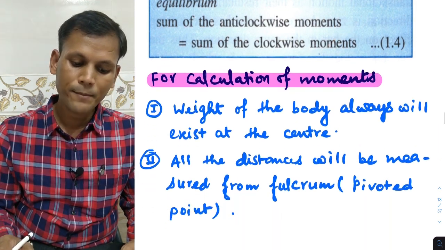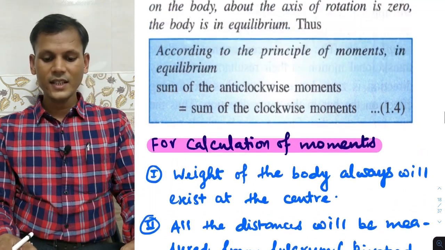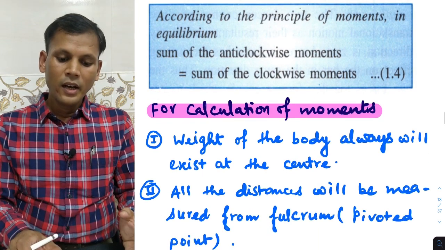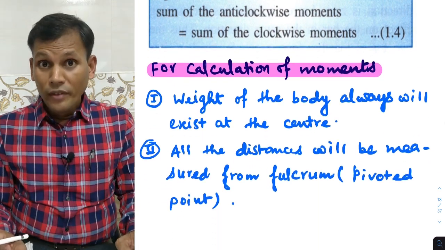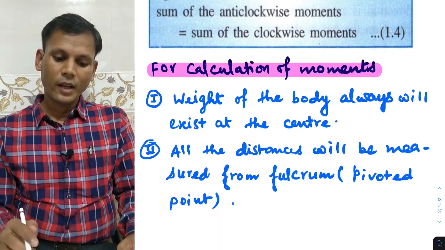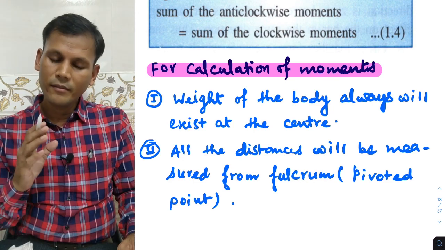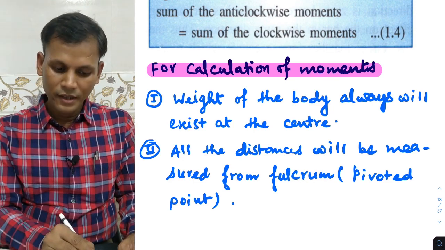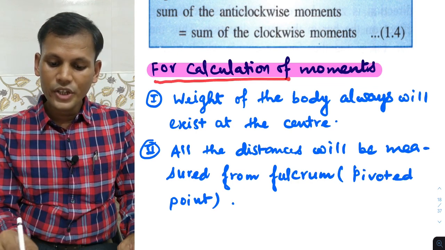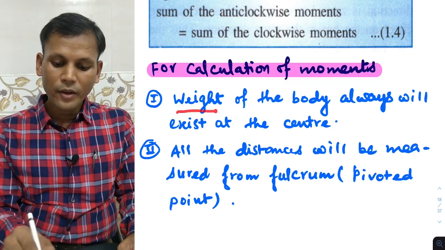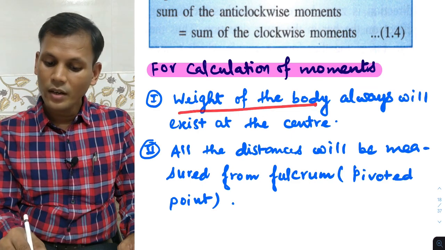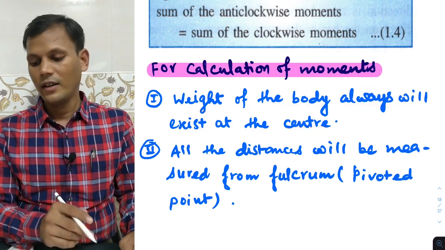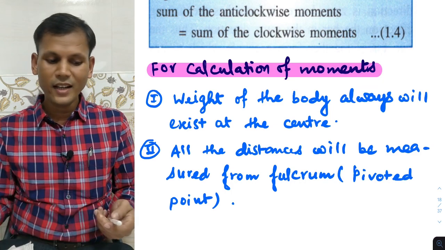Now, this is one of the conclusions I have written. For solving numericals, we have to keep in mind some very important points I have given here. For calculation of moments, the weight of the body will always exist at the center of the body.